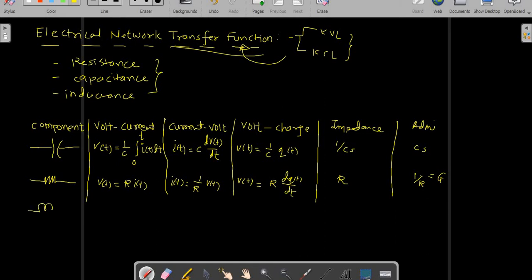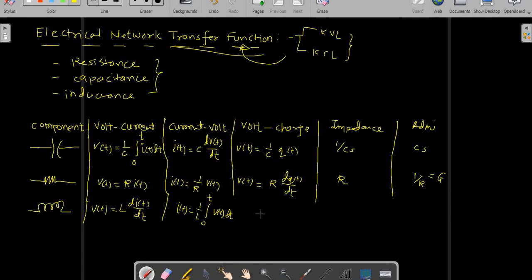And the third element is inductor. Third component is inductor. What we can write as a voltage current relation? V of t is equal to L di of t dt. Then I of t is equal to 1 upon L integration 0 to t v of t dt.